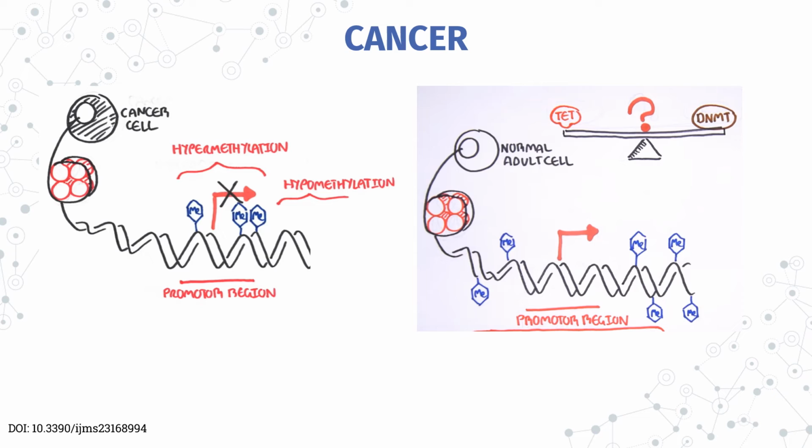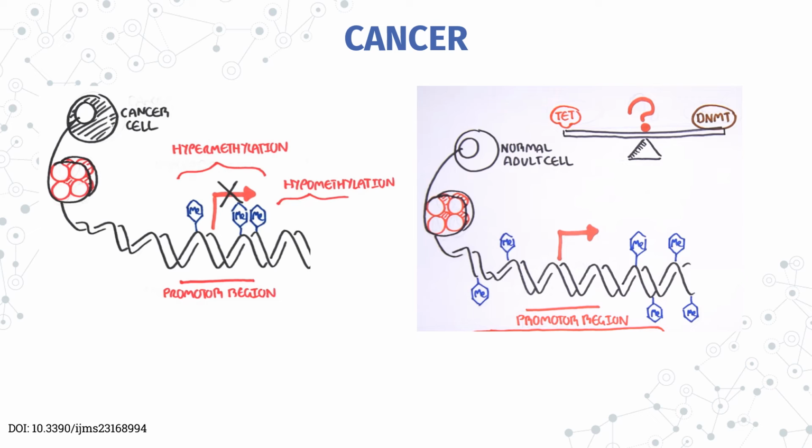Yes, the TET, called ten-eleven translocation, which is in charge of demethylating the DNA and maintaining a balance so that everything runs smoothly. Now, if we have an imbalance due to hypermethylation or demethylation, problems arise.